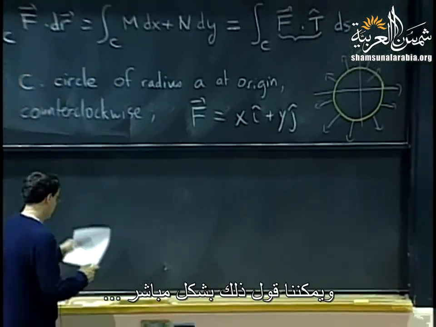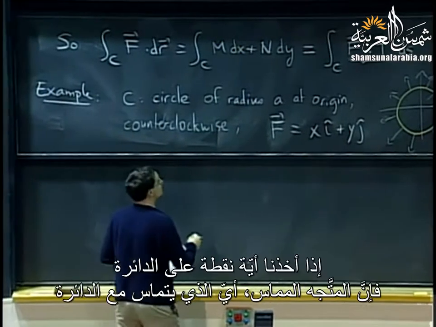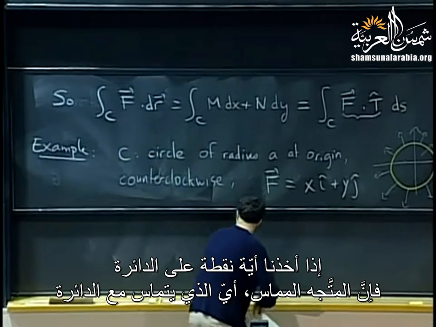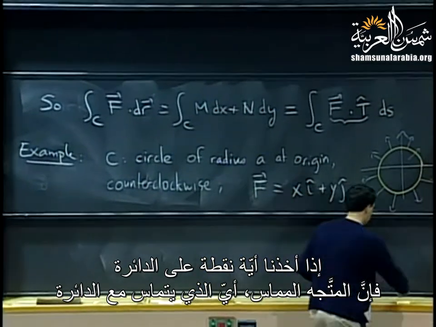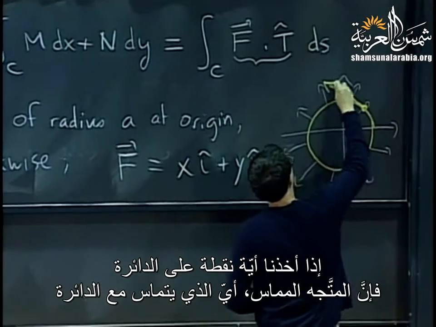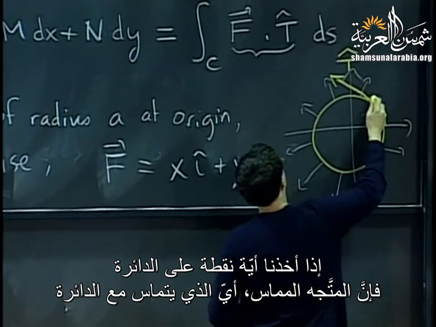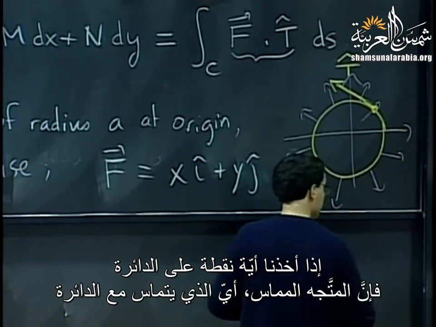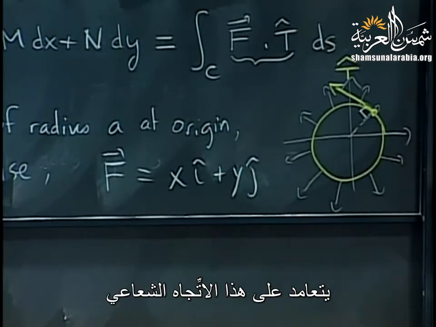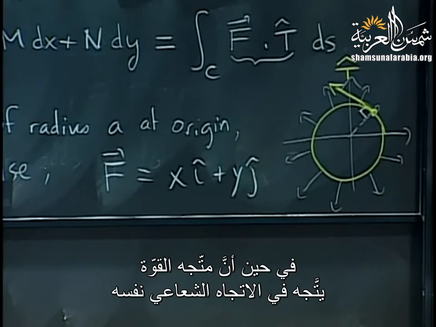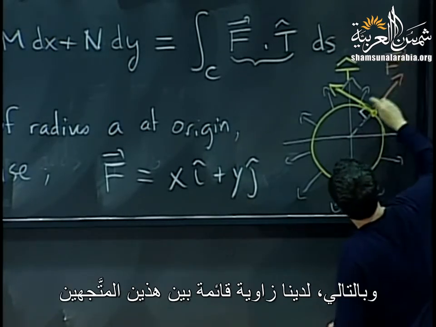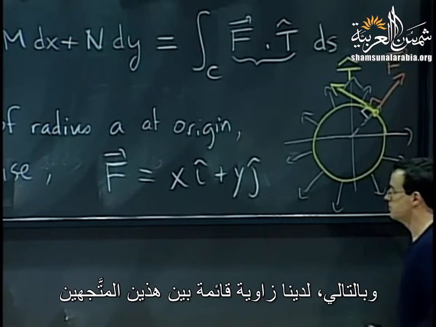Now we can say it directly by saying, well, if you have any point of a circle, then the tangent vector to the circle will be tangent to the circle, so that means it's perpendicular to the radial direction, while the force is pointing in the radial direction, so you have a right angle between them.